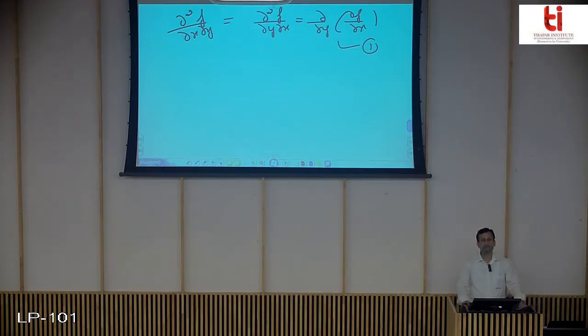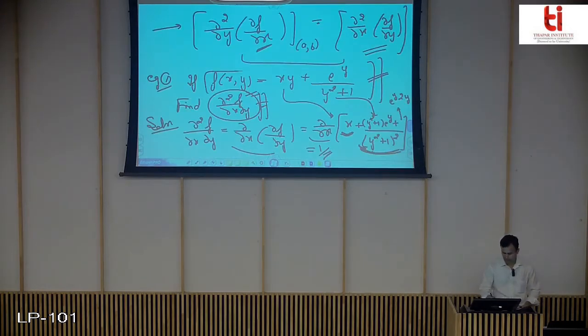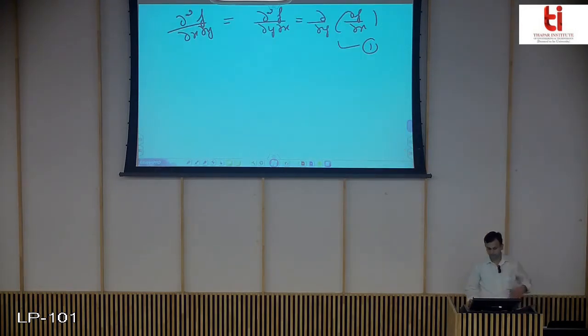Why? Because the partial derivatives here are continuous and defined for all x and y for this function f(x,y). So we can find this derivative by changing the order, first differentiating with respect to x and then with respect to y.